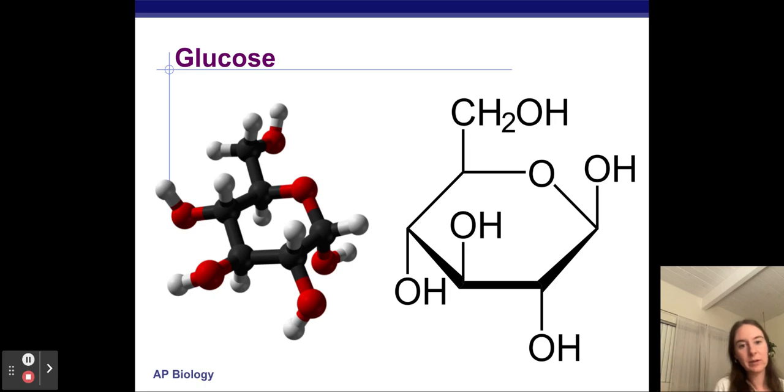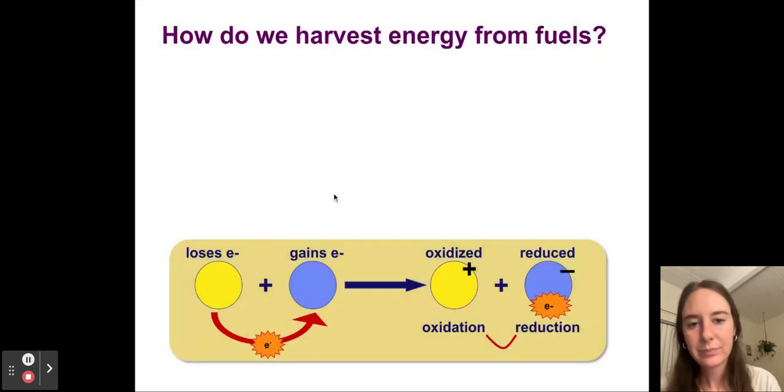And this glucose molecule's got a lot of bonds. If you were to break these bonds, you're actually going to be releasing energy, because when you're breaking a bond, the atoms are changing their position, and when they change position, they're releasing energy because they're converting potential energy, so nearby close bonds, and converting that to energy that's now released.